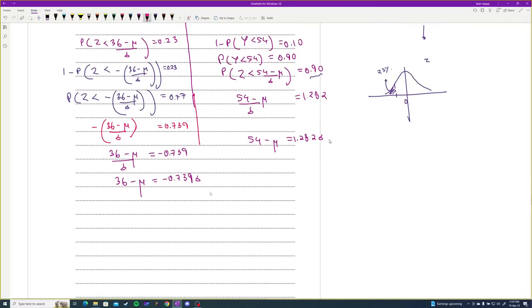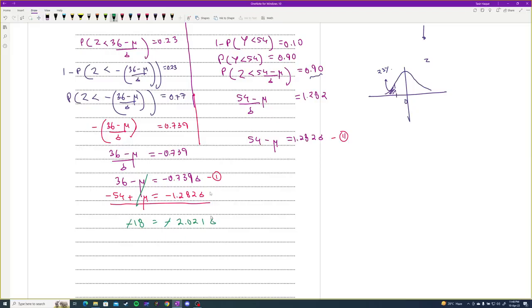I'm going to multiply equation 2 with a minus sign, so we get minus 54 plus mu is equal to minus 1.282 sigma. So we get rid of mu. 36 minus 54 is minus 18, is equal to minus 0.739 minus 1.282, which gives you a value of minus 2.021 sigma.